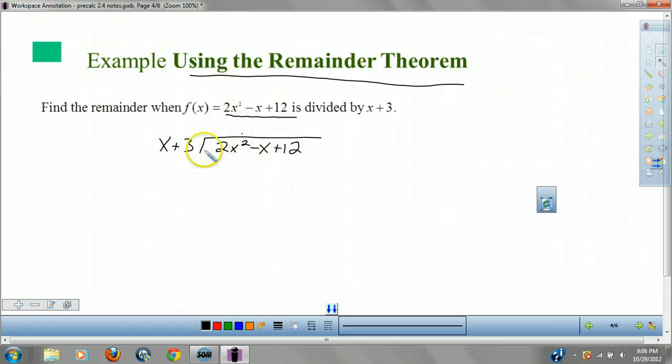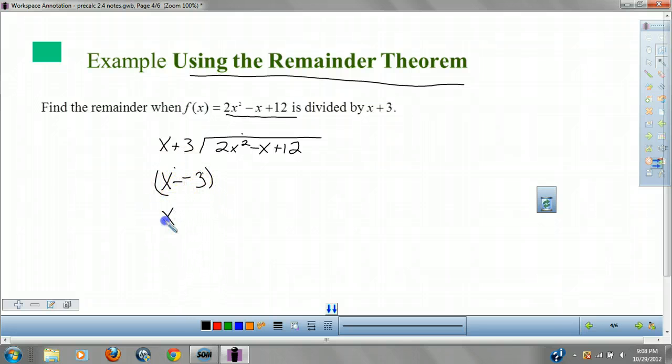Now, the reason why the remainder theorem works the way it does, which says if I'm dividing by some x minus k, then I can just plug it into my function. That means for my k, you're actually subtracting a negative 3 on this guy, right?